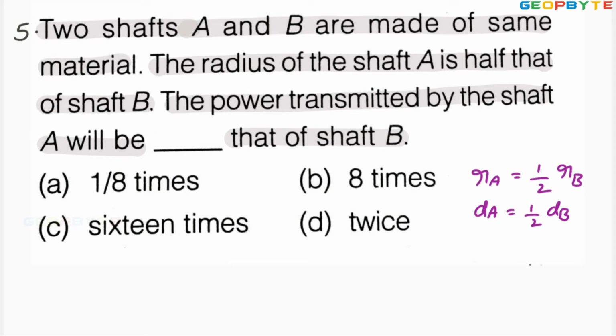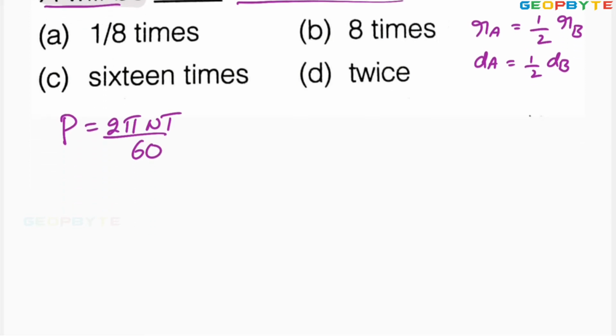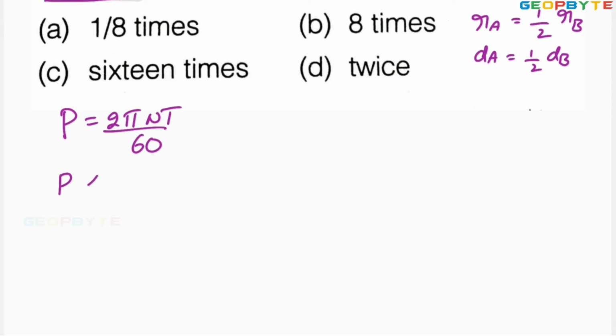What is the power transmitted by the shaft A in terms of shaft B? As we know, the power P equal to 2 pi NT by 60. That is the power transmitted by the shaft. From this I can write that power is proportional to torque, because at a particular speed 2 pi N by 60 remains constant, but torque T equal to pi by 16 into tau into d cube.